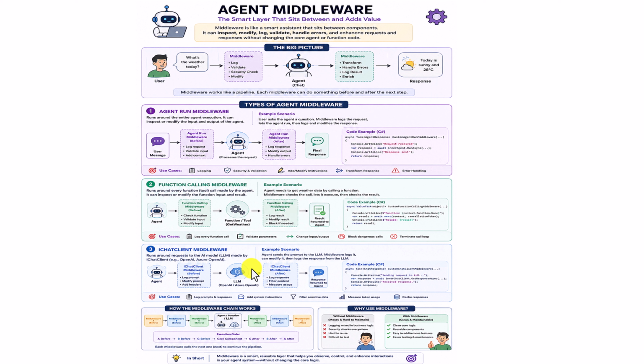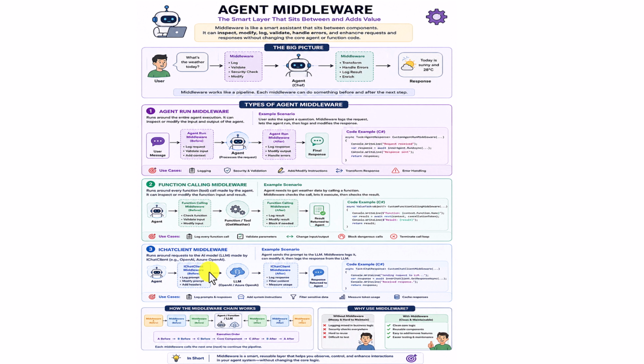The third middleware is chat client middleware. This middleware works at a lower level. It sits between the agent and the AI model, such as OpenAI or Azure OpenAI, whatever LLM model. In simple words, the agent sends a prompt to the AI model.